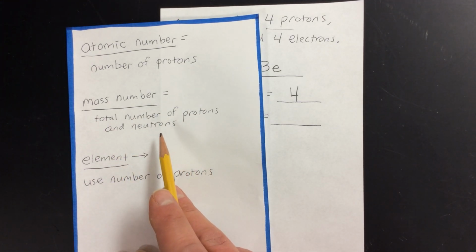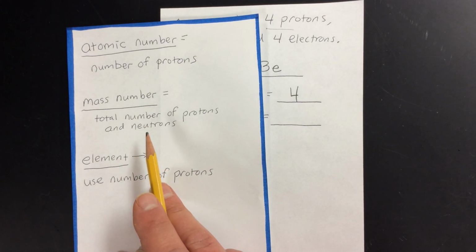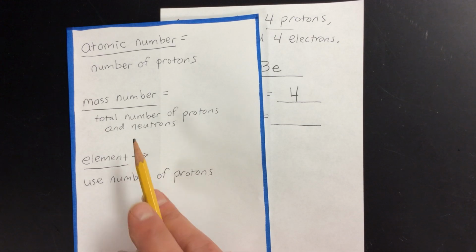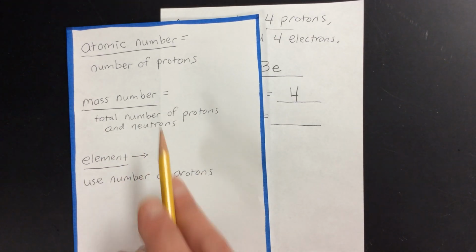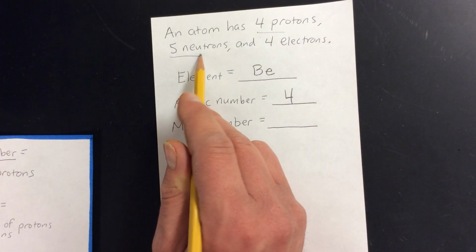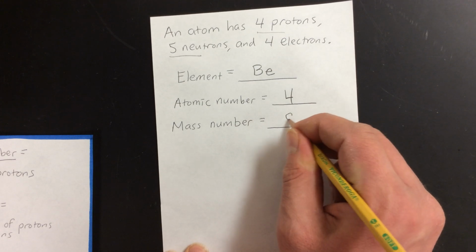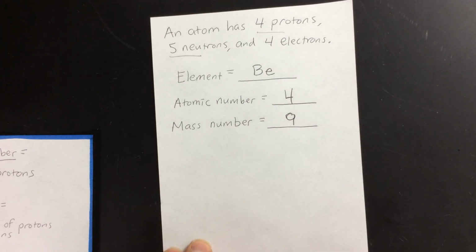Remember, electrons aren't counted because they weigh so little, right? Now, this is not something you look up on the periodic table. You just take the number of protons plus the number of neutrons and add them up. So I have 4 protons here and 5 neutrons, and 4 plus 5 gives me 9. So the mass number of this particular atom is 9.